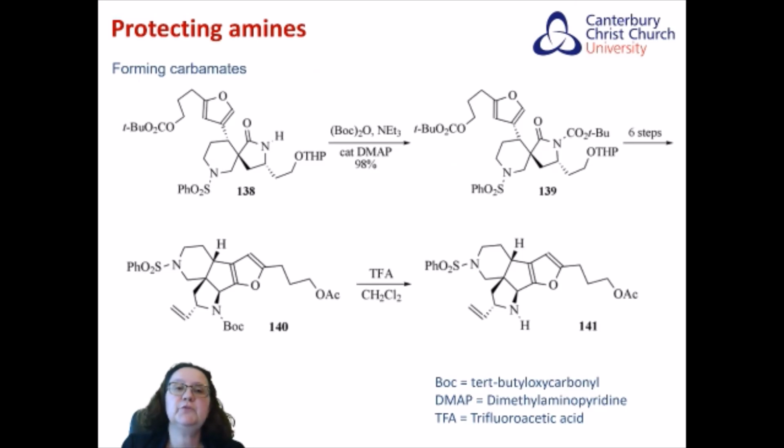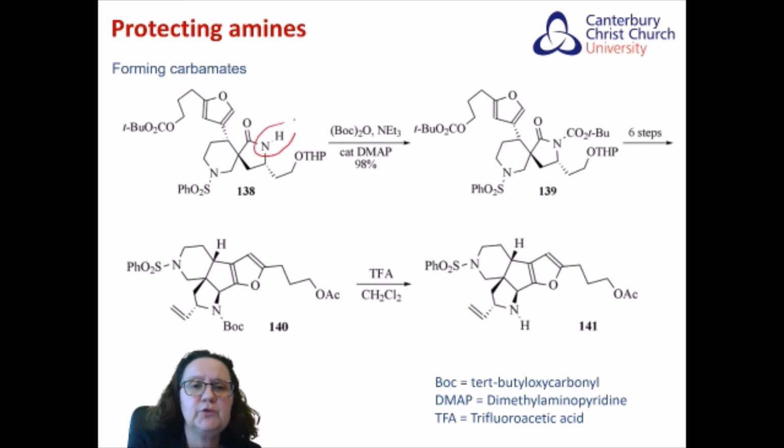Finally, another way of protecting an amine is by forming a carbamate, and it's particularly popular to use tert-butoxycarbonyl as protecting group. So this is an example of quite a complicated reaction, where what you're aiming to protect is this nitrogen here. So you use a tert-butoxycarbonyl anhydride. This position gets protected.